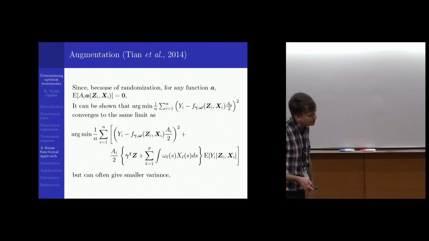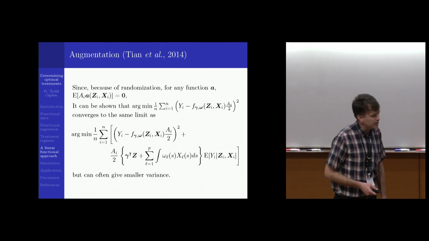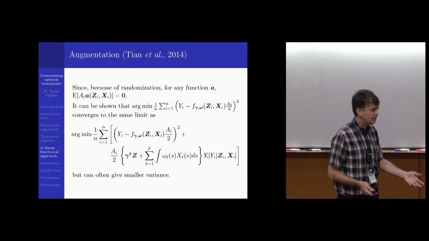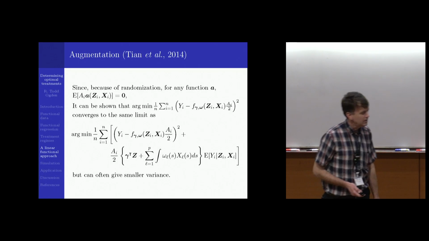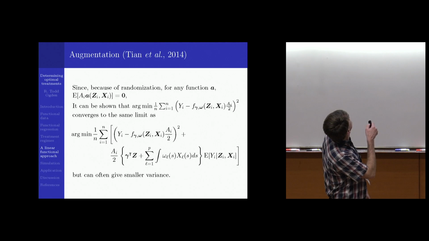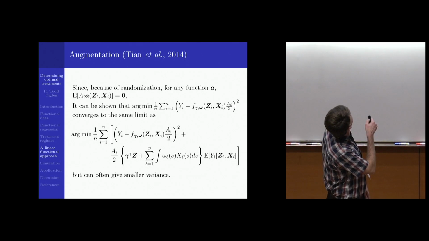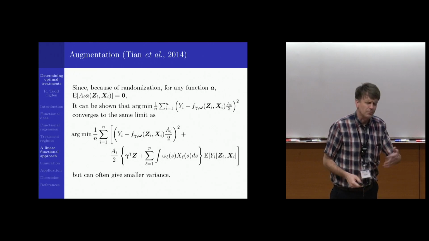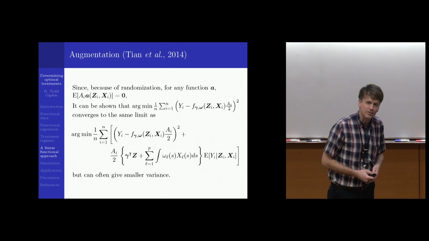Now, that'll certainly work, but it's not necessarily the most efficient estimator you can get. Another cute trick from the same paper is that you can throw in this other piece. For any function a here, because of the randomization, at least in my design, that thing has expectation 0. It's more complicated if you're doing observational data.